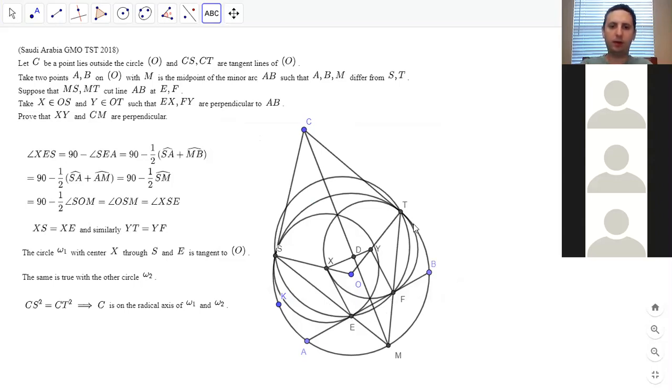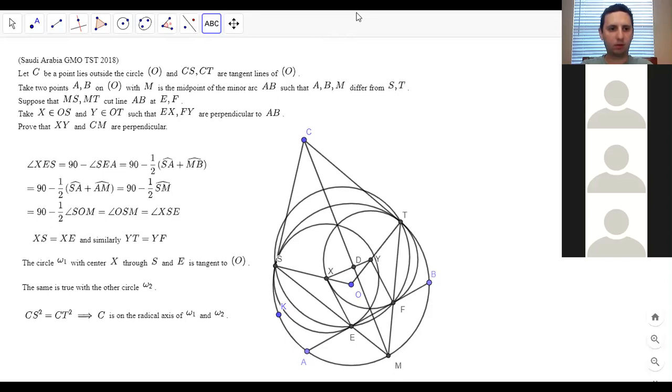Yeah, because we did need to use that S, E, F, and T are cyclic, I think, right? No, we didn't. Oh, we didn't need to use it. So how did we show? I see that C lies on the radical axis of those two. How do we show that M lies on it? Because ME times MS is equal to MF times MT. So we did need to use that as cyclic then.